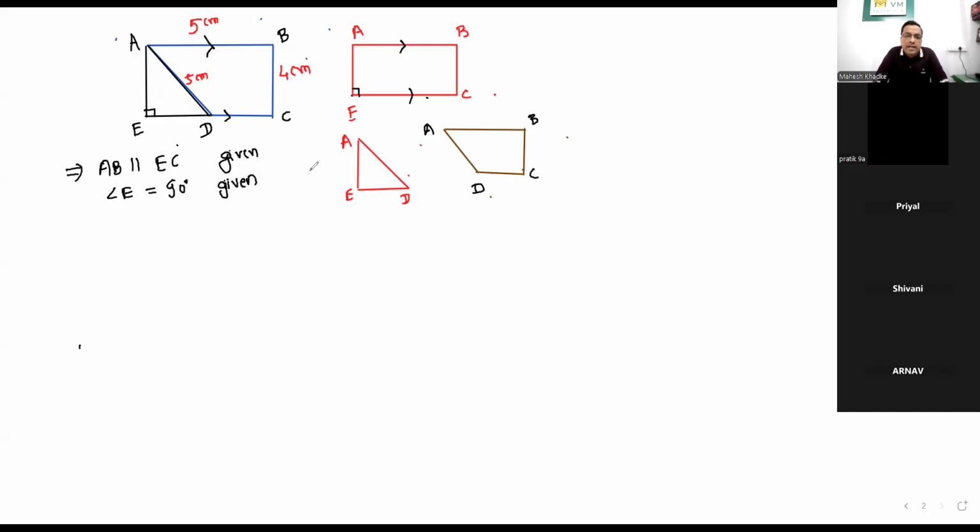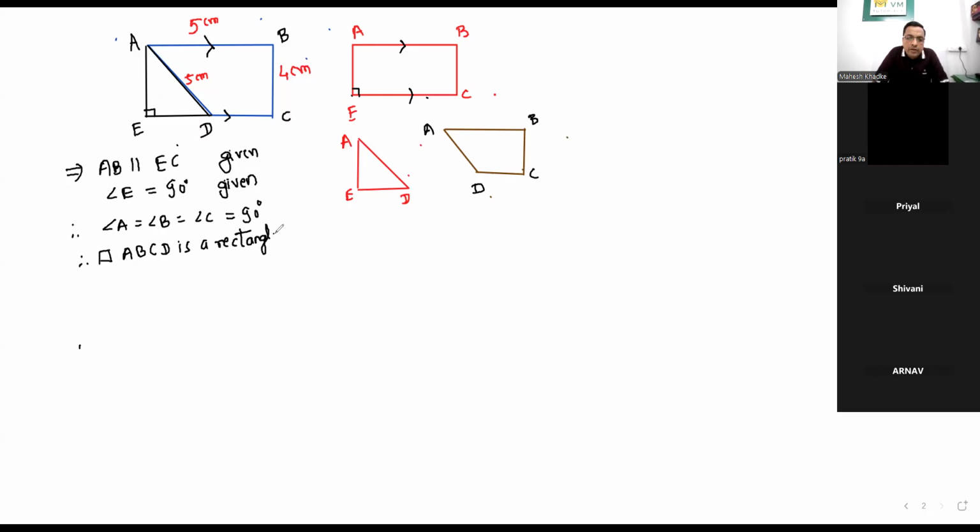So if E is 90, then A is also 90. So therefore remaining angle also 90. Angle A is equal to angle B is equal to angle C is also 90. If each and every angle is 90, therefore quadrilateral ABCD is a rectangle.